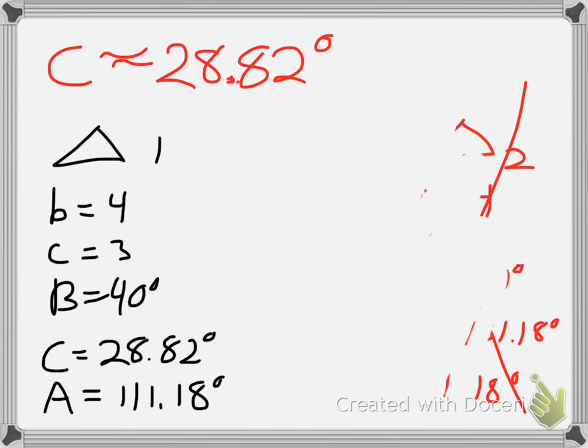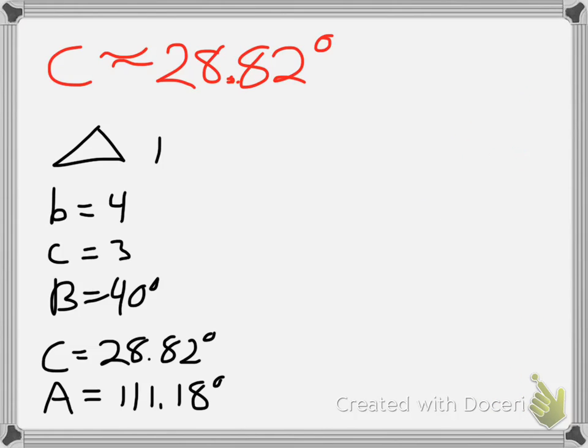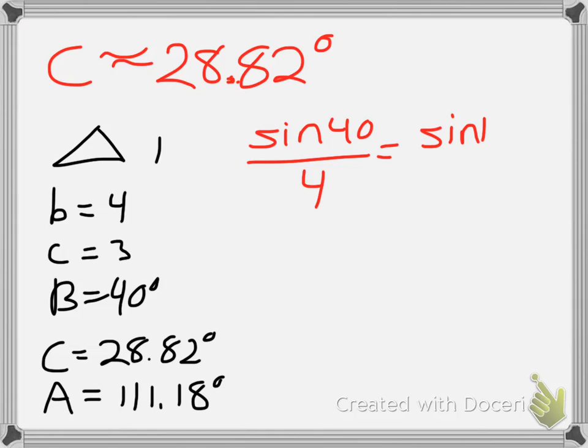Now let's figure out the last side. The last thing I need is my third side, my side A. So I prefer to use the original angle I had, which was sine of 40 over 4 equals sine of 111.18 over A.